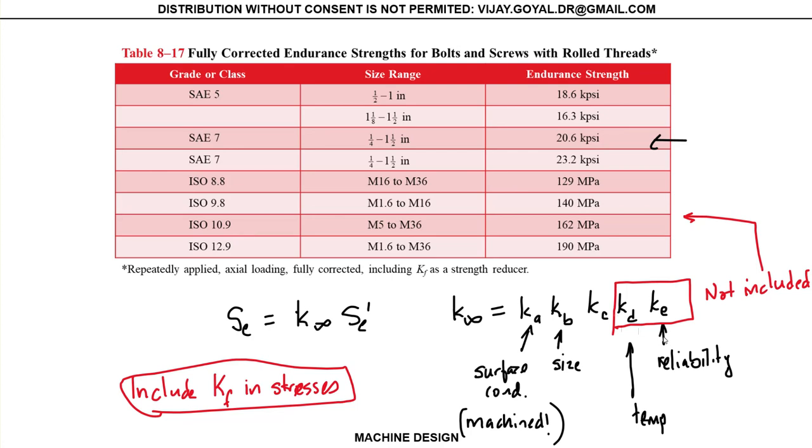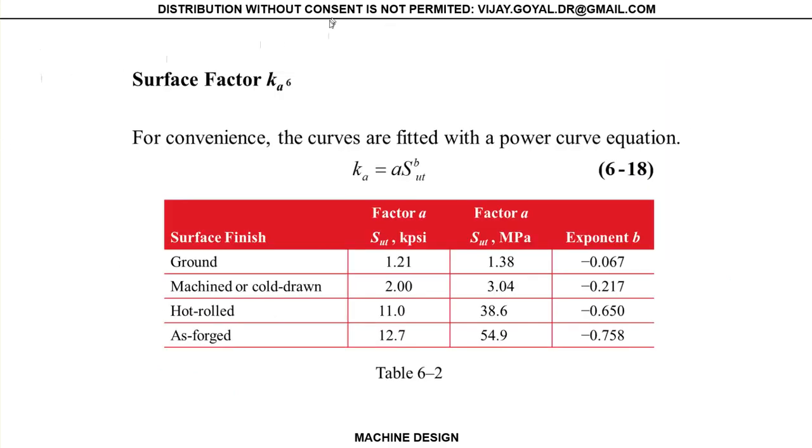Now, what do we do in the case in which we do not have this table? Well, most of these are typically steel, right? And we know that steel is typically 0.5 times SUT prime. This was given, if you go back to your notes from fatigue, where we gave you the values for that.